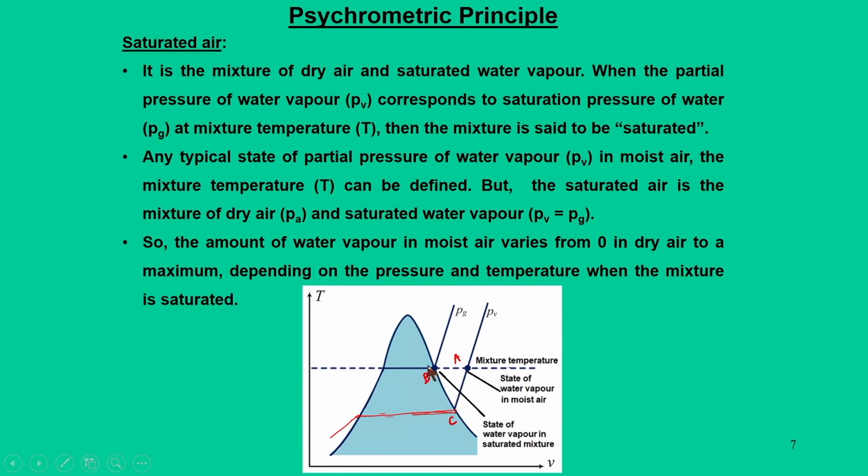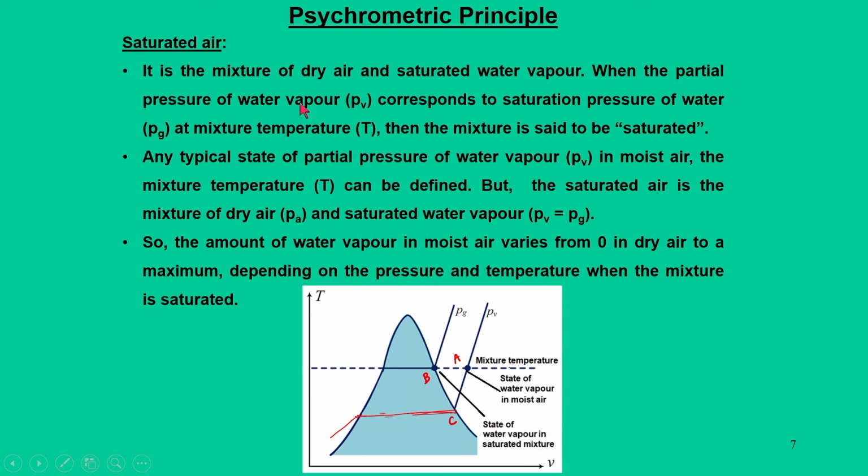The other way to reach the saturated air state is at point B, when we go along the same mixture temperature. So, a very basic definition: saturated air is nothing but a mixture of dry air and saturated water vapor.